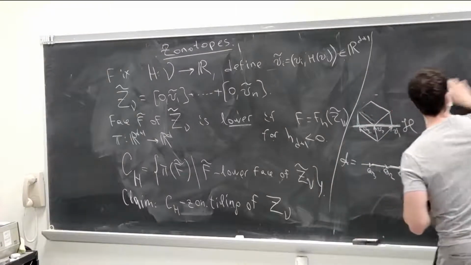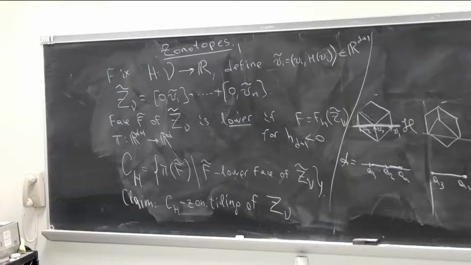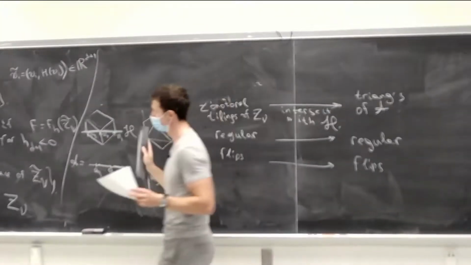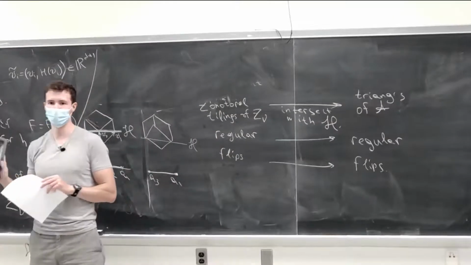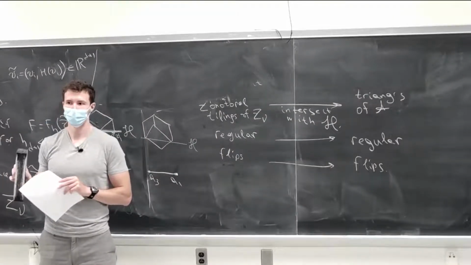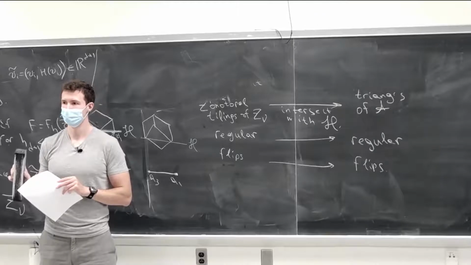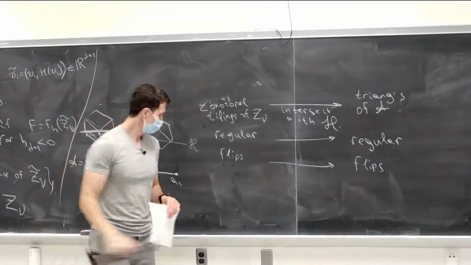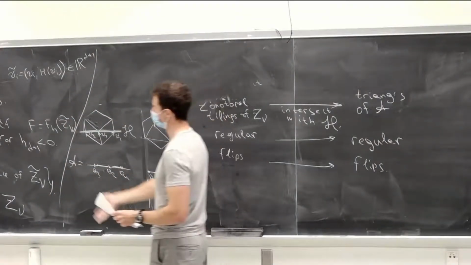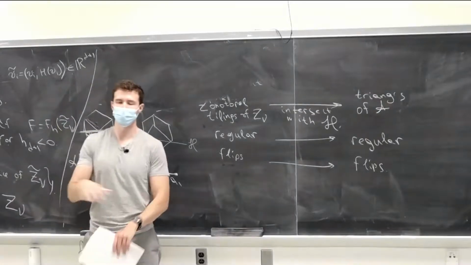Is it true that every, let's say, fine zonotopal tiling is regular? Yeah, that's actually a good question. So do we get all possible zonotopal tilings this way?